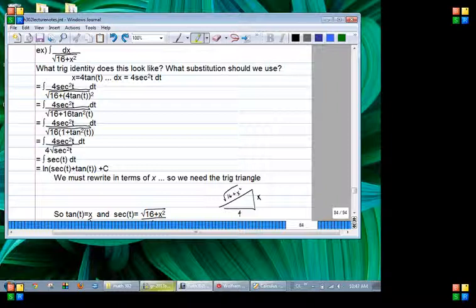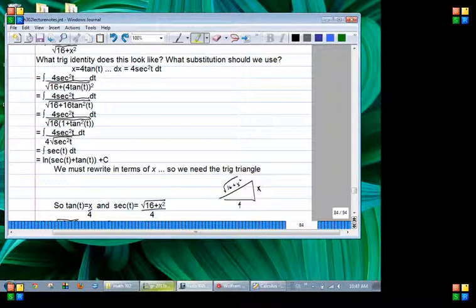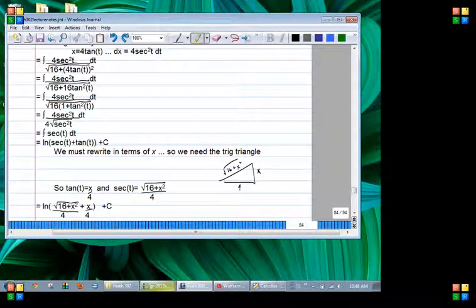So therefore, secant t is just this. And so then we can write the final answer. It's ln of the square root of 16 plus x squared over 4, plus x over 4, and then plus c.